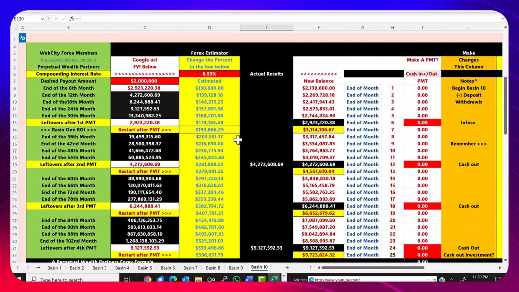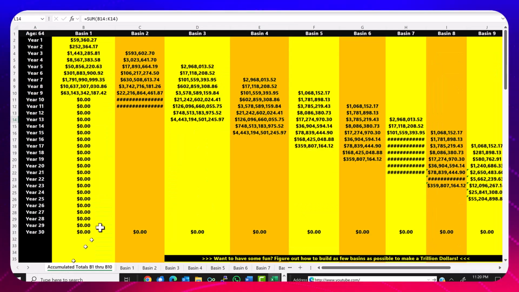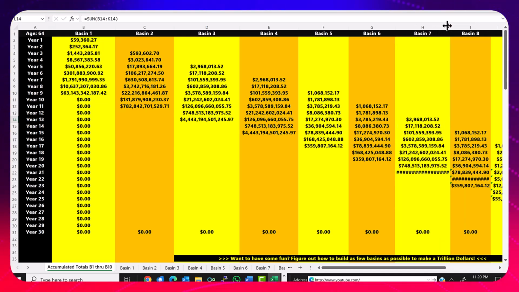All right, so let's take a look. We'll just quickly look at the accumulated totals. Well, doggone it, if these numbers aren't so large, we can't even read them. They're still too large.